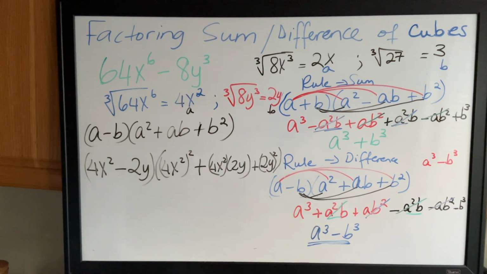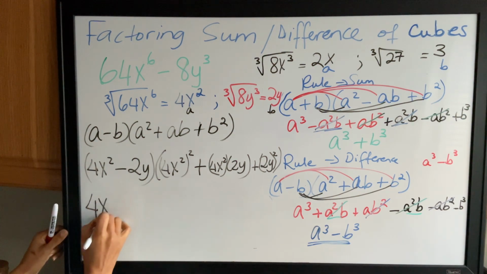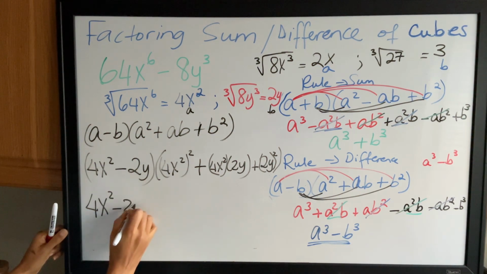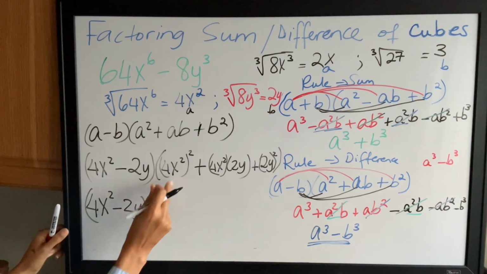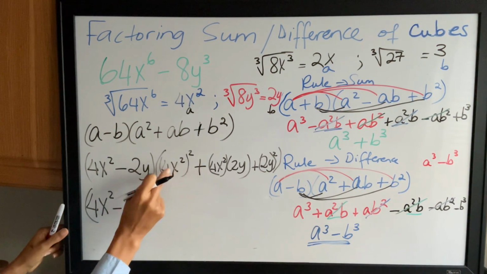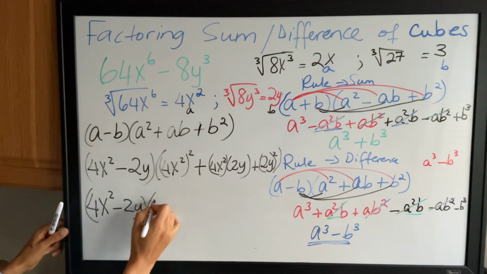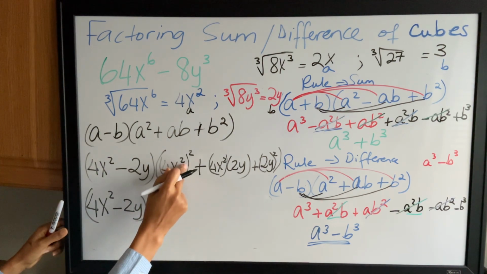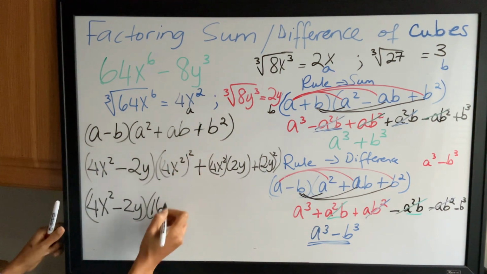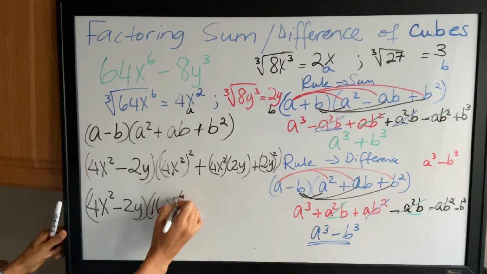Now let's get to our final answer. Our final answer is going to be simply 4x squared minus 2y. This remains, but look at this. 4 to the 2nd power is 16, and x to the 2nd power raised to the 2nd power is going to be x to the 4th power.